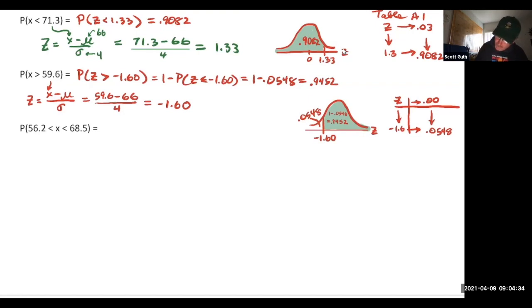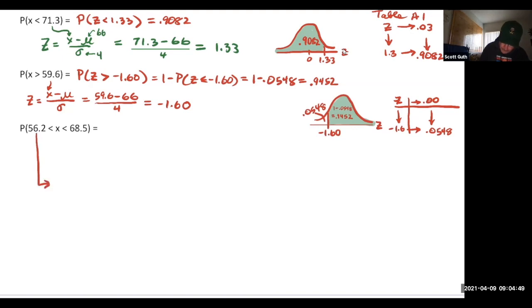So we have two z-scores to compute. So let's do them individually. We'll do the big one first. So with 56.2, z is x minus mu over sigma. As before, mu and sigma are the same, but x is the boundary. 56.2 minus 66 over sigma, which is 4.